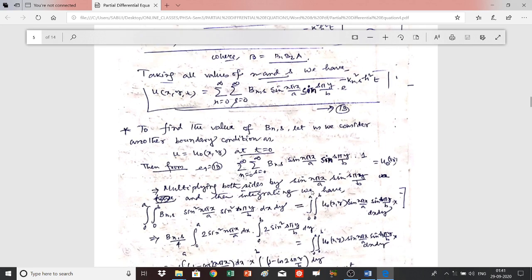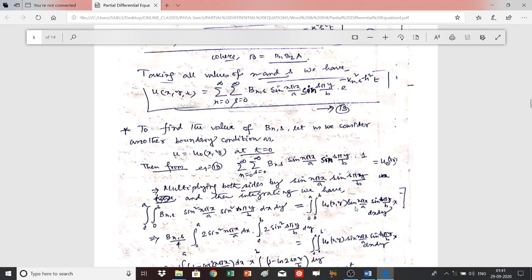Now multiplying both sides of this equation, first multiplying u0(x,y) by sin(n pi x by a) sin(s pi y by b), and integrate from 0 to a and 0 to b for x and y. Then from this term you have the integral 0 to a, 0 to b of u0(x,y) sin(n pi x by a) sin(s pi y by b) dx dy.